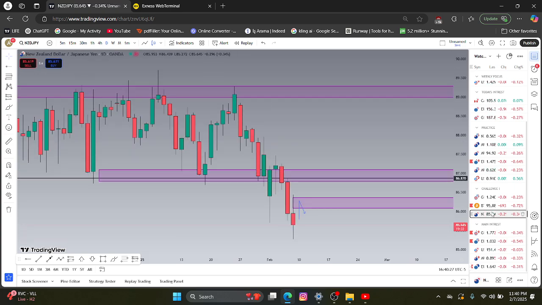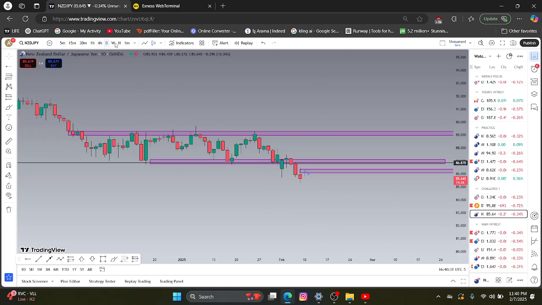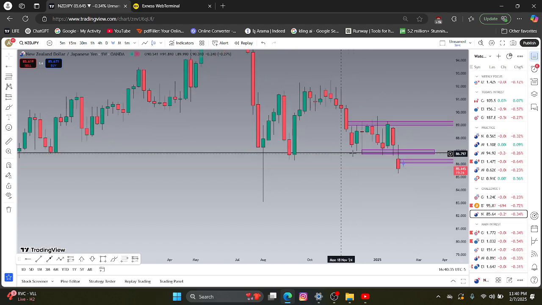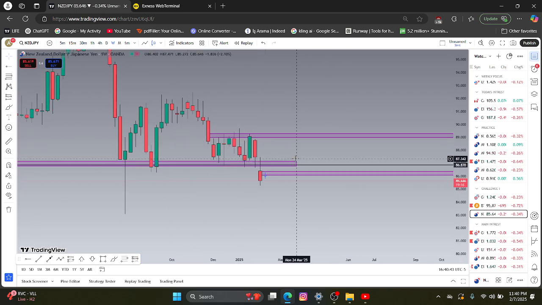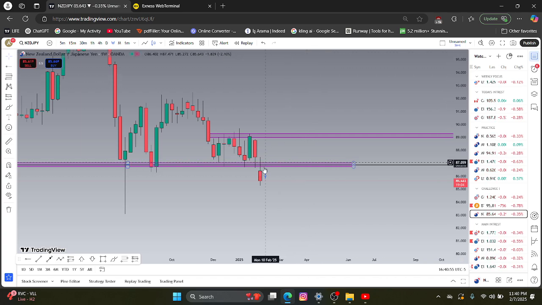I'm not really interested in taking this one, but we'll see, because you can also see this is the main zone right there. I feel like this shouldn't be the zone we should be looking for.